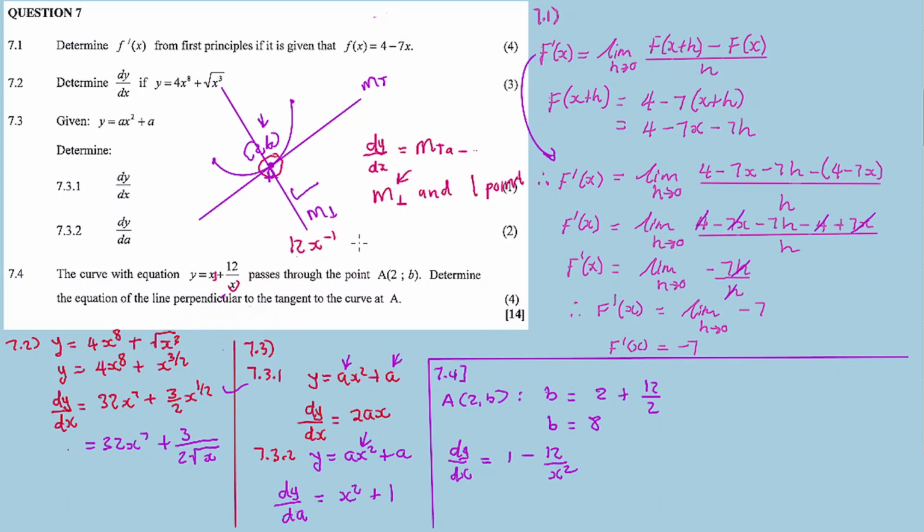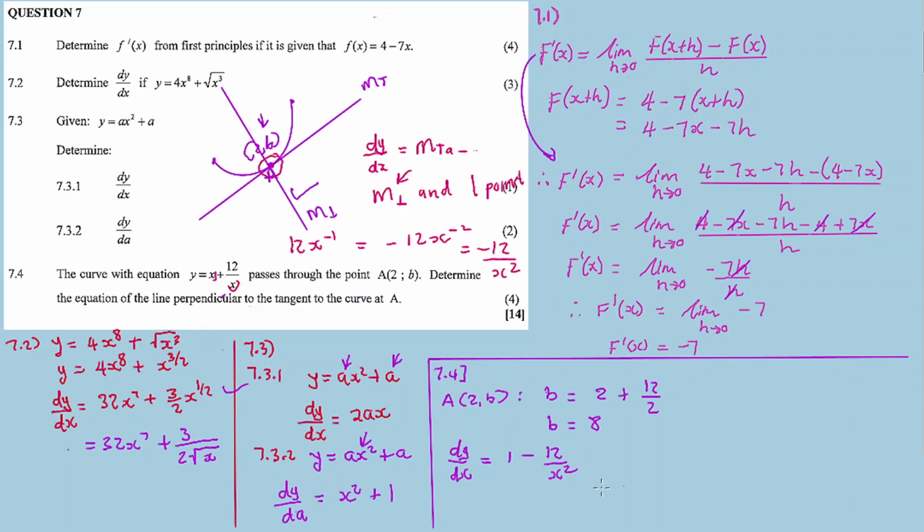The derivative of this is equal to minus 12 over x raised to exponent minus 2, equal to minus 12 over x squared when simplified. Therefore, the derivative of this is equal to negative 12 over x squared.